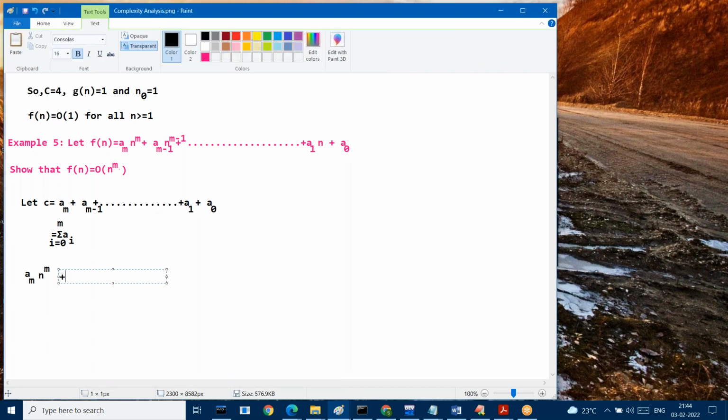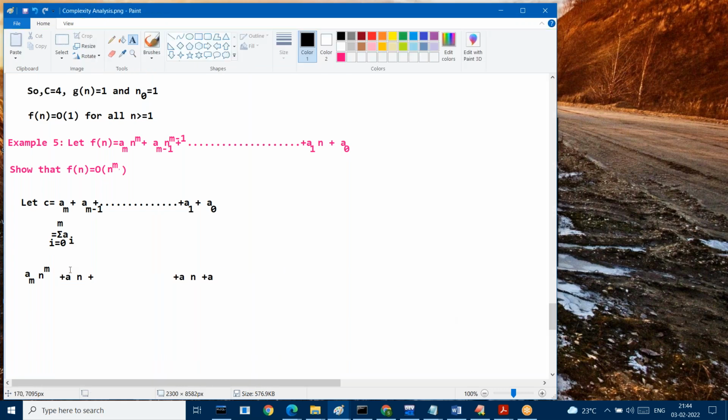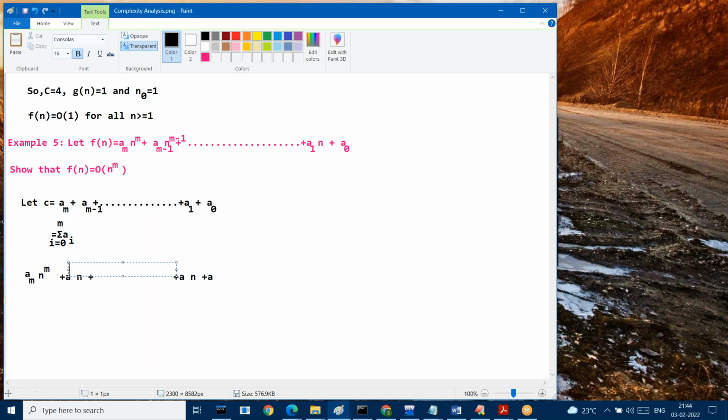Plus. So next term will be what? am minus 1 n to the power m minus 1 plus a1 n plus a0. So this will be, not here, here.